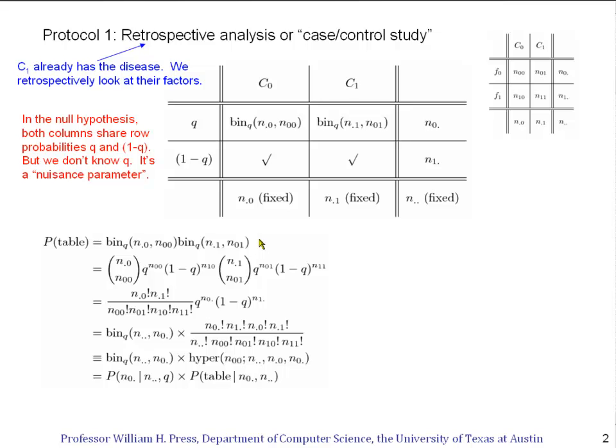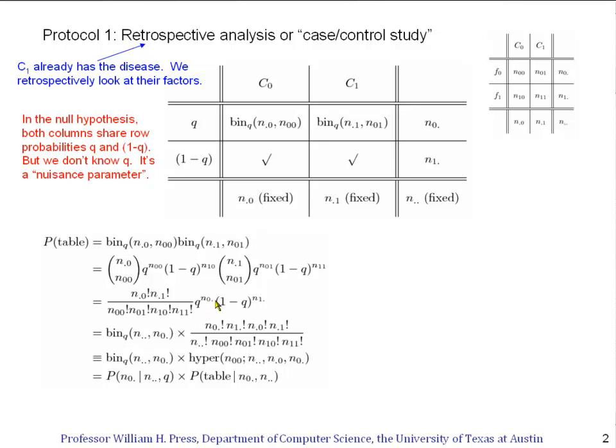I've written that out here, and here I've written out using the binomial probability formula what it is. And now we just have to stare at the algebra of this for a second. You can see we have some q's to some different powers, and we have some 1 minus q's to some different powers. If we combine those powers, we get q to the n0 dot.